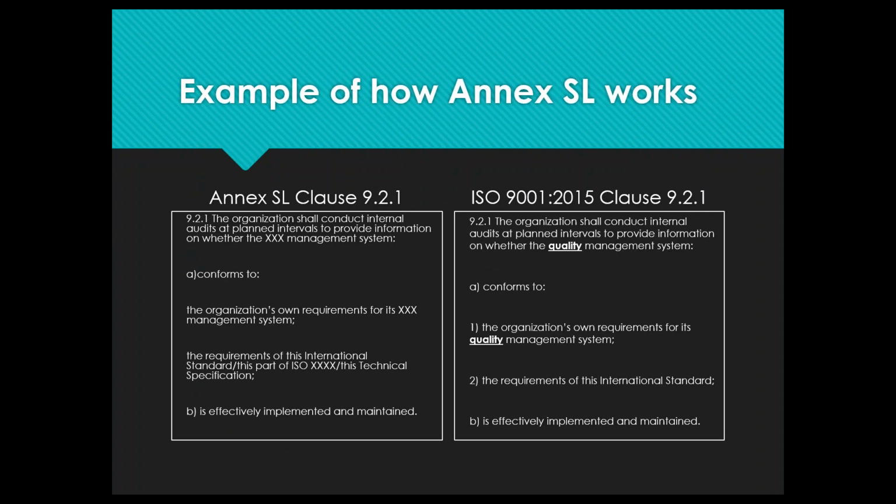Here's an example of how Annex SL works. Now, on the left, you have section 9.2.1, which is written for internal audits. And you can see how the verbiage is exactly the same.